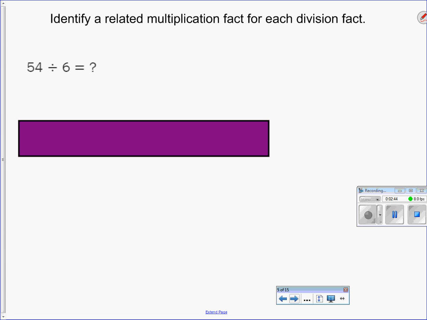What number do I multiply by 6 to get to 54? And that number is 9. So we know that 6 times 9 equals 54. So question mark is equal to 9.